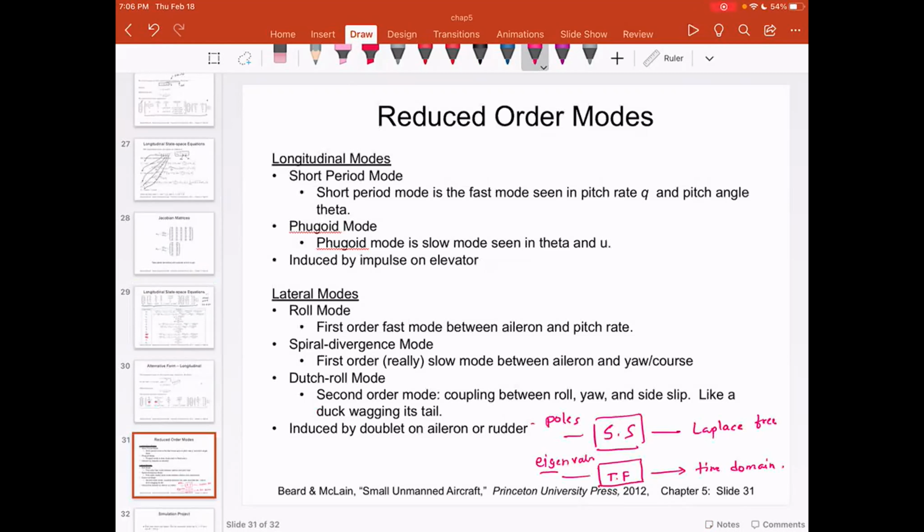And reduced order models. Reduced order models are used in case that we are just focusing on part of the dynamics. And these reduced order models are constructed to focus on particular behavior of the aircraft. And there are some longitudinal modes and lateral modes that are of significant interest when we look at the reduced order model.